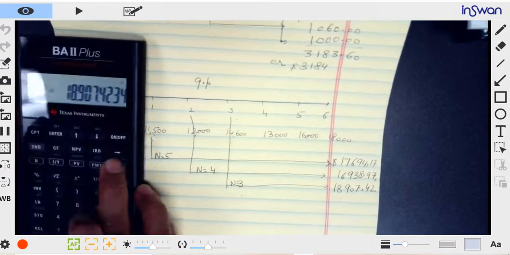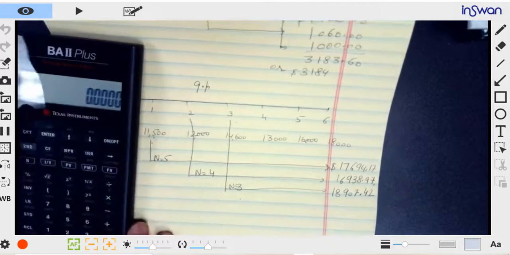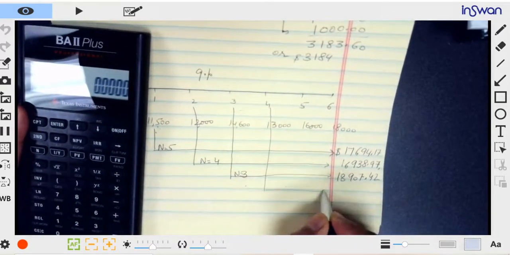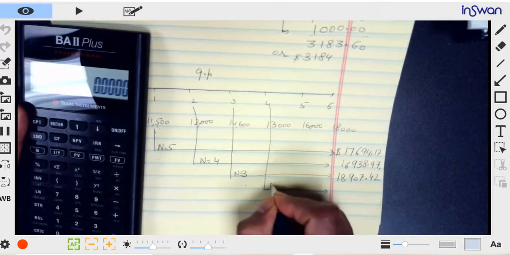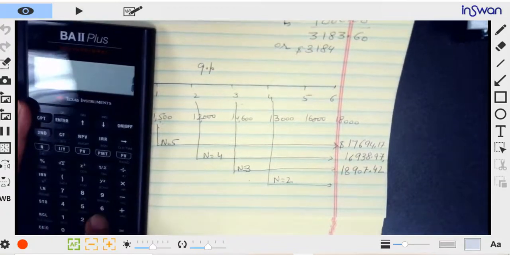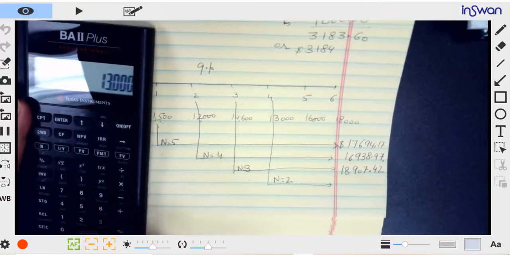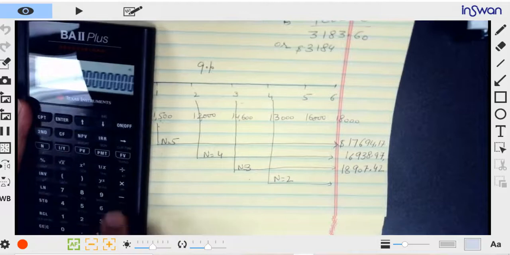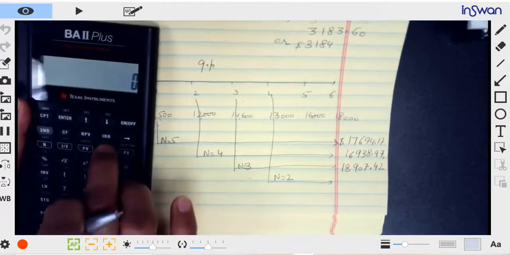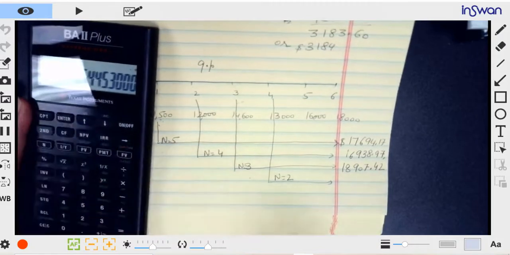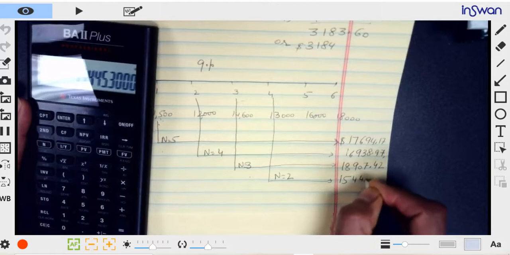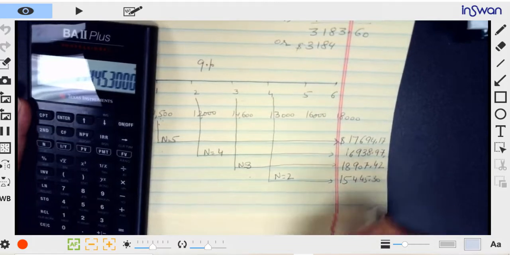Okay, so next, n would be 2 here. $15,000 is the present value. 9% interest rate, 2 years. 0 is the payment. Compute future value. It gives us 15,445.30.